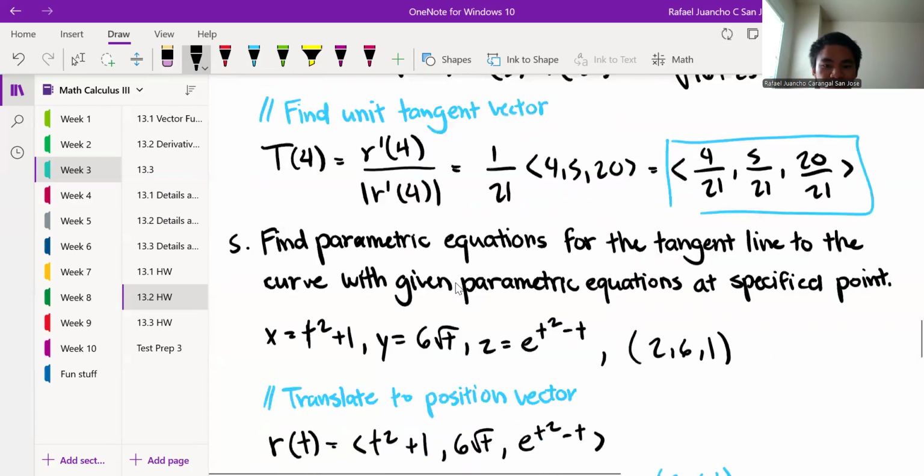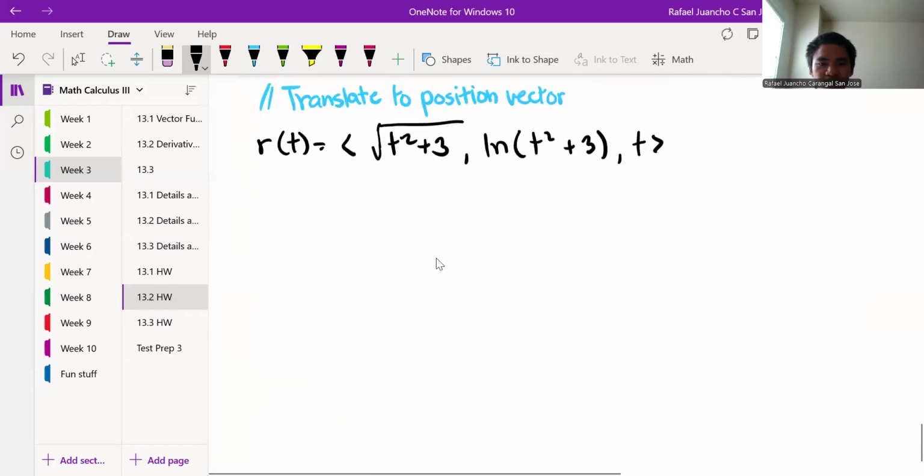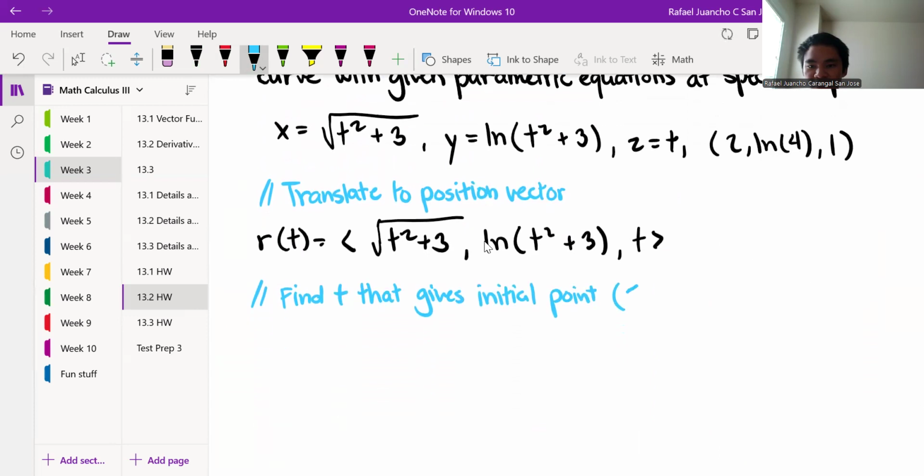Next thing, based on my notes, we find the t that gives the initial point. So what's my initial point? Well, it's 2, ln4, and 1.